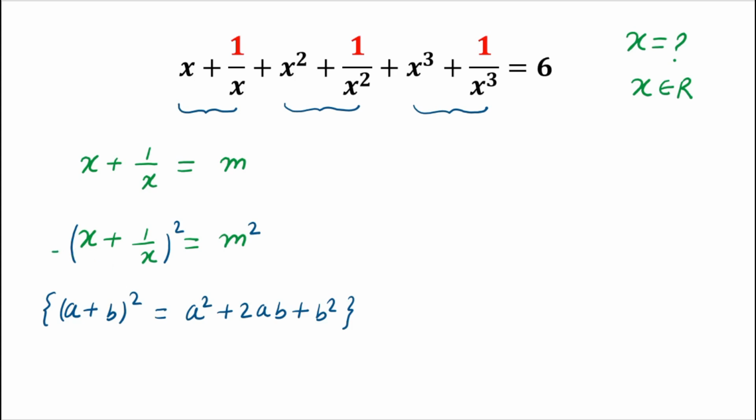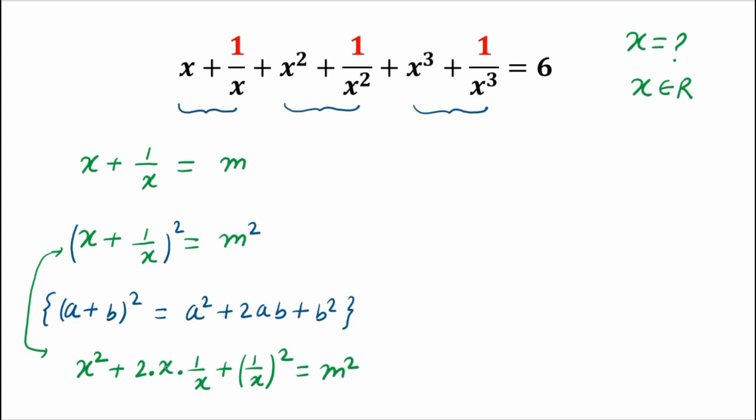Then this expression is x square plus 2 into x into 1 over x plus 1 over x whole squared, and this is equal to m square.